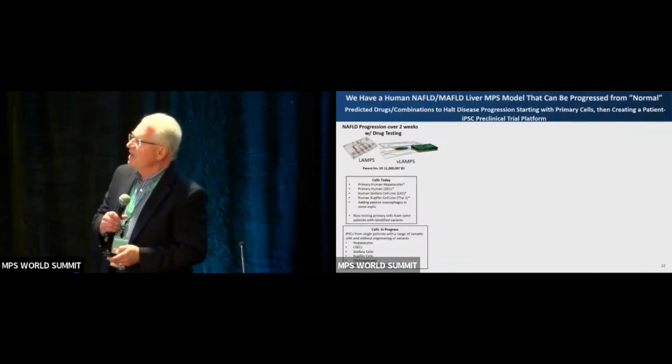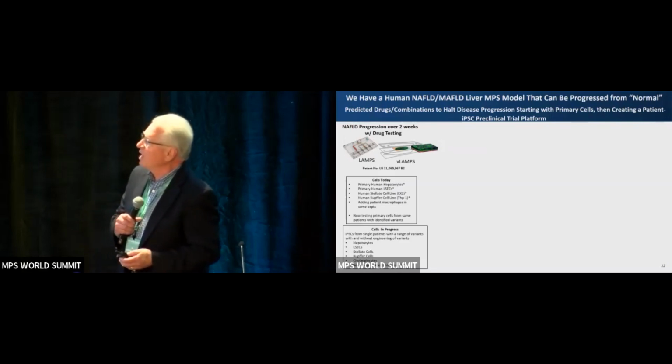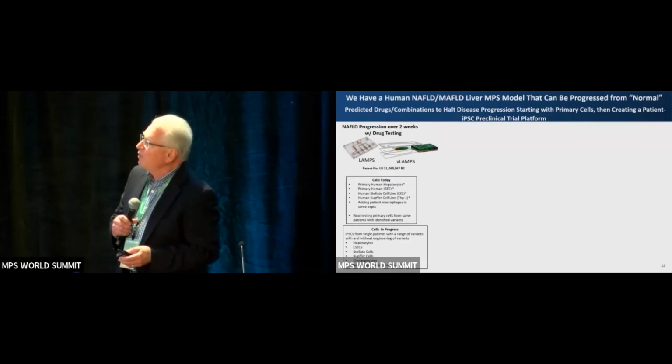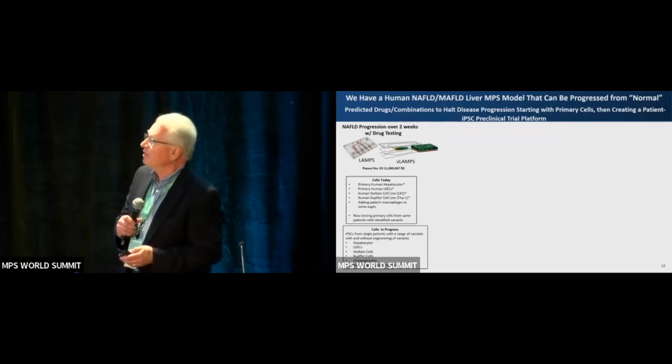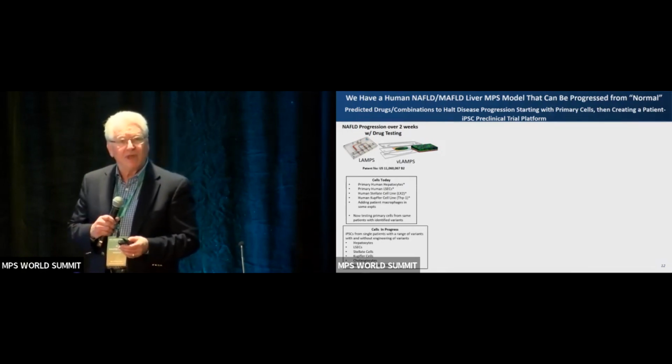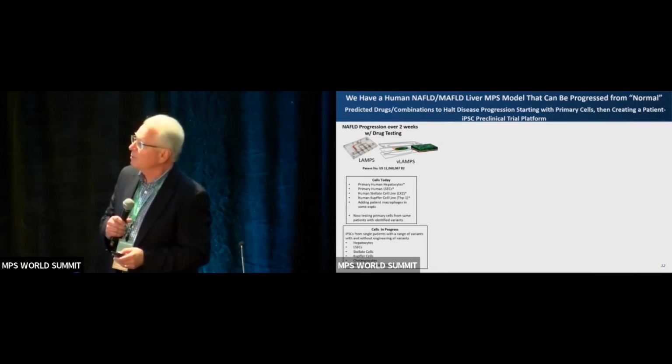So we have a human NAFLD liver MPS model that can be progressed from normal. And then we've predicted drugs and drug combinations to halt the disease progression. And we've started with primary cells as a reference, and now we're building the patient iPSC preclinical trial platform to make it personalized.